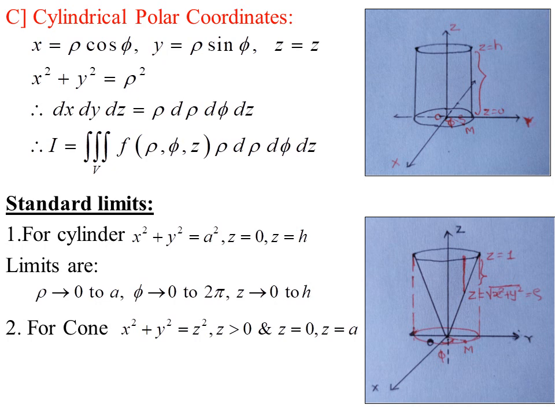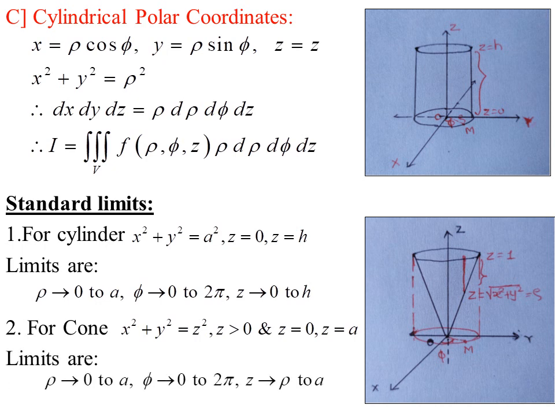And for this particular equation, if we consider the projection from the upper side on the xy plane, obviously it is going to give us a circle. Now once again, if we consider M as the point, and from any point of the cone we drop a perpendicular here, then the distance OM will be rho. Again, OM's inclination with the positive x axis represents phi, and z here is varying from square root of x square plus y square, which is nothing but rho, to z is equal to 1. So these are our limits which can be written in this way.